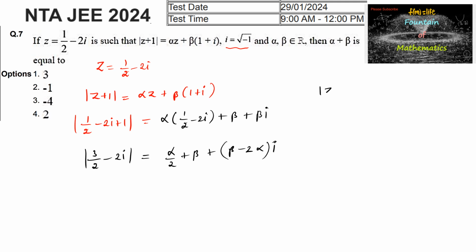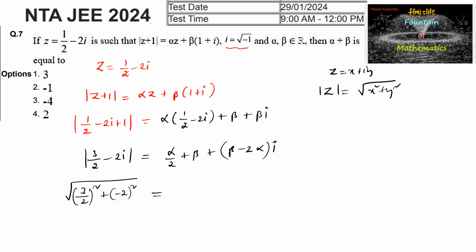And we know that if z is equal to x plus iy, mod z is root of x square plus y square. So mod of 3 by 2 minus 2i, we can write as under root of 3 by 2 whole square plus minus 2 whole square, which is equal to alpha upon 2 plus beta plus i times of beta minus 2 alpha, and root of 9 upon 4 plus 4 is a constant.